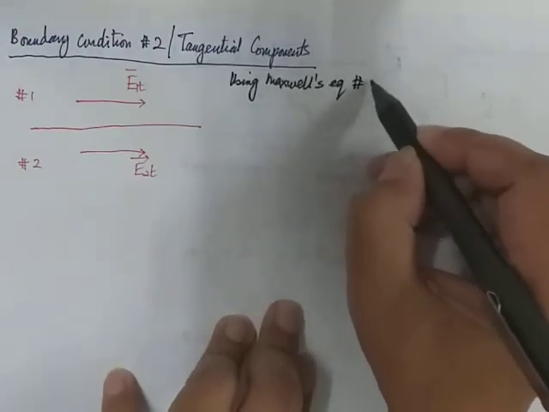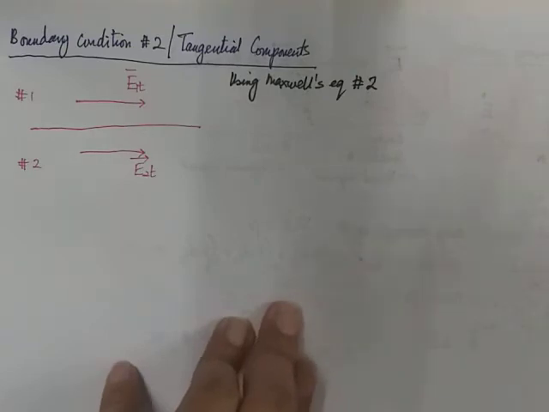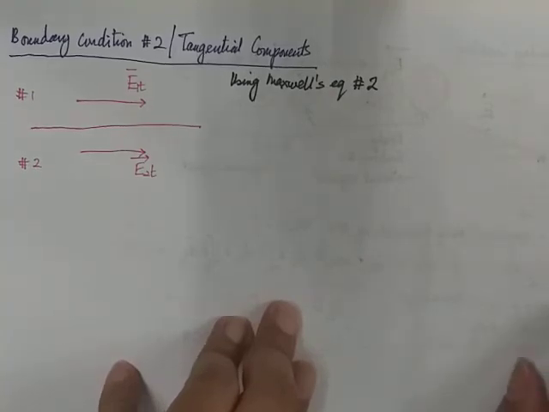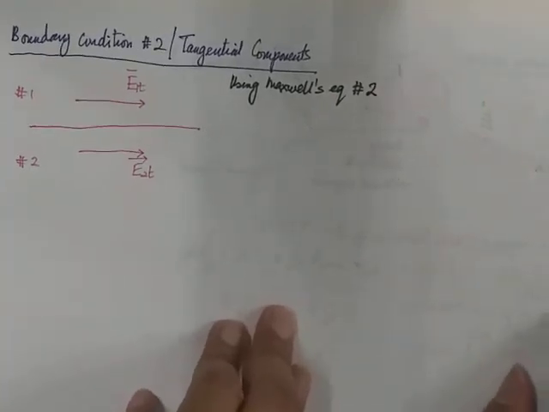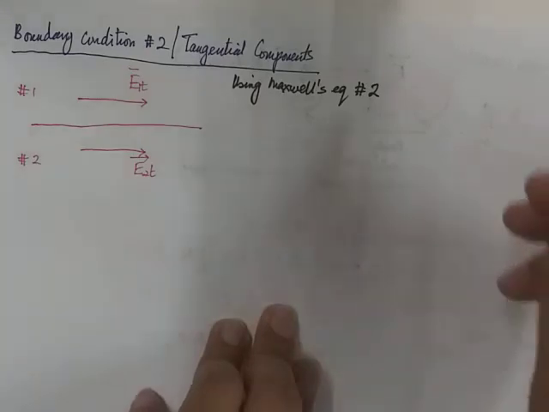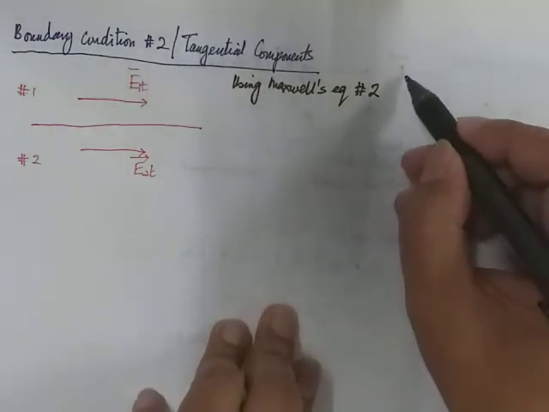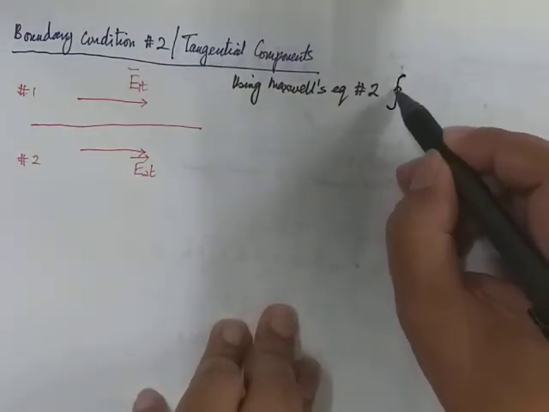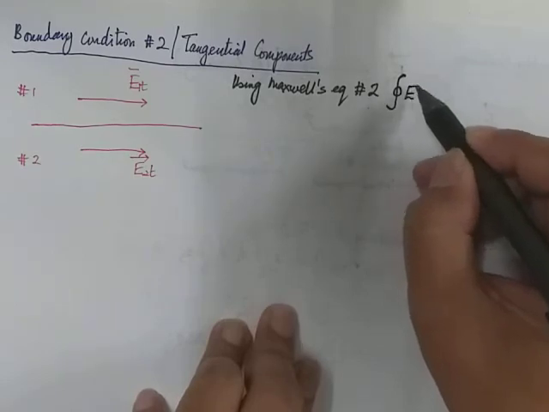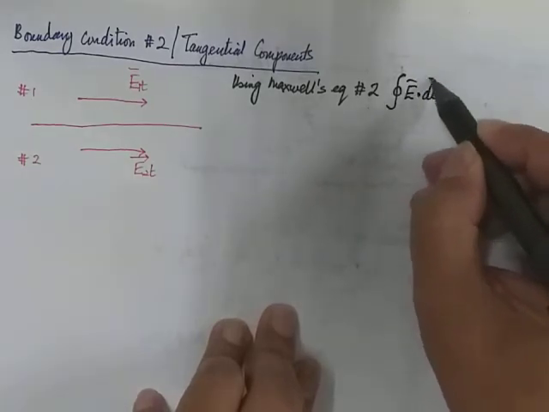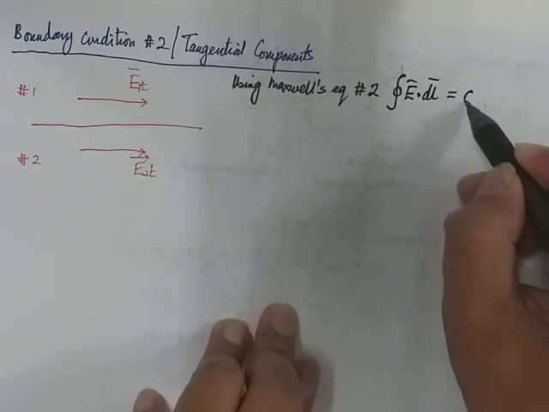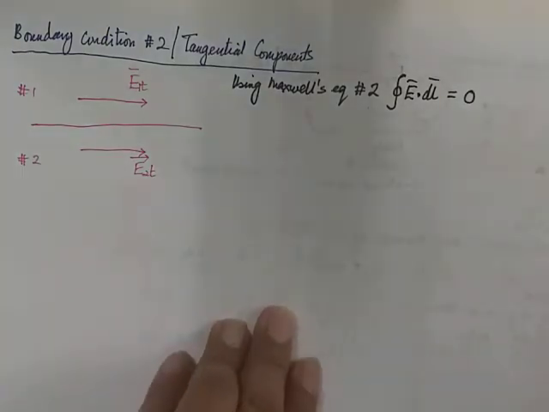Anyone remember what the equation for Maxwell number 2 is here? I'm sure you could remember, or you're lost already because we've been learning too many equations. Okay, let me help you here. The equation appears to be like this: E dot dl equal to what? 0. Remember the equation that we developed together when we talked about potential difference?